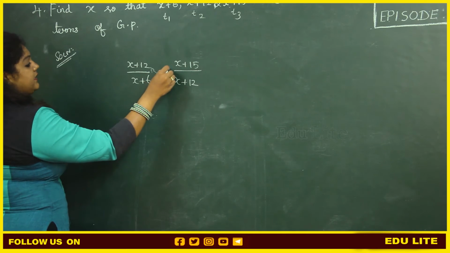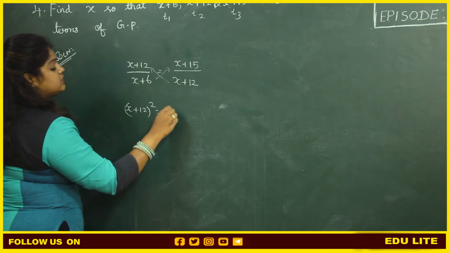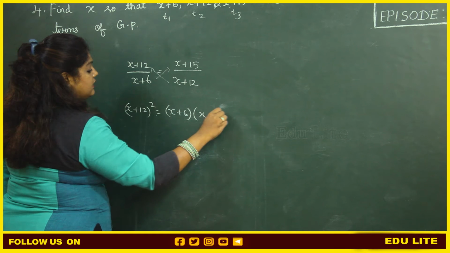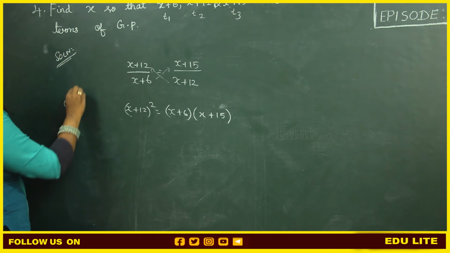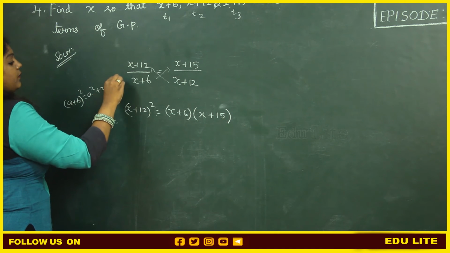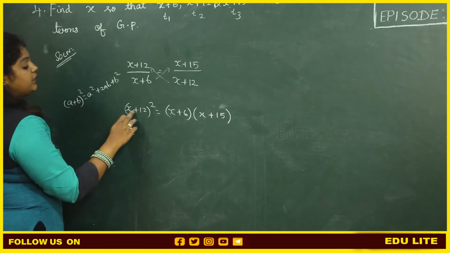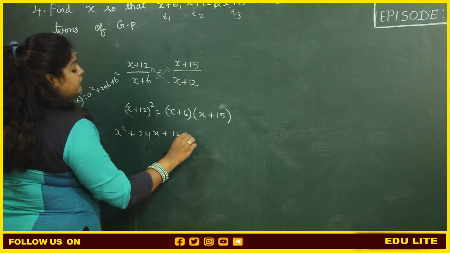Let us cross multiply. So x plus 12 whole square equals x plus 6 into x plus 15. So this we can expand using the formula a plus b whole square, which is equal to a square plus 2ab plus b square. The value of a is x, therefore x square plus 2 into a into b, 24x, plus 12 square, 144.